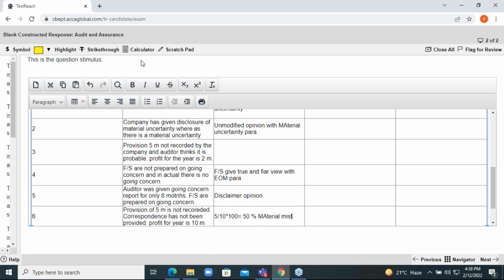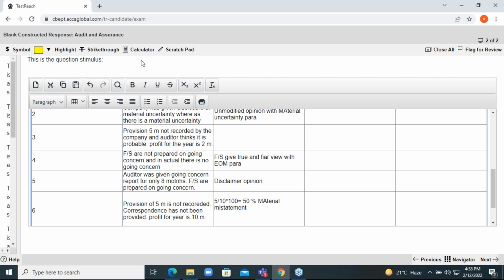So this is a material misstatement. This is proved not to be a pervasive one. So you cannot say that disclaimer of opinion will be issued because it's a material misstatement. It would be a pervasive misstatement if the profit for the year was 5 million or 4 million, then we would say that it is a pervasive misstatement. Now it is 50% of the profits, so it is simply a material misstatement.